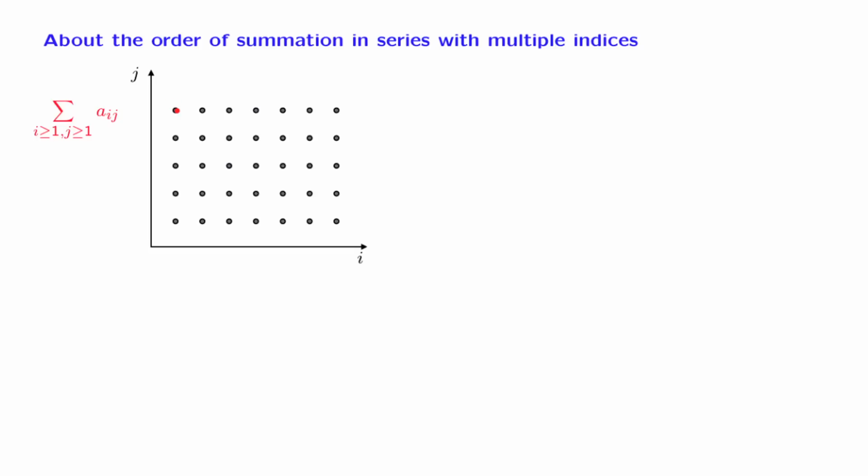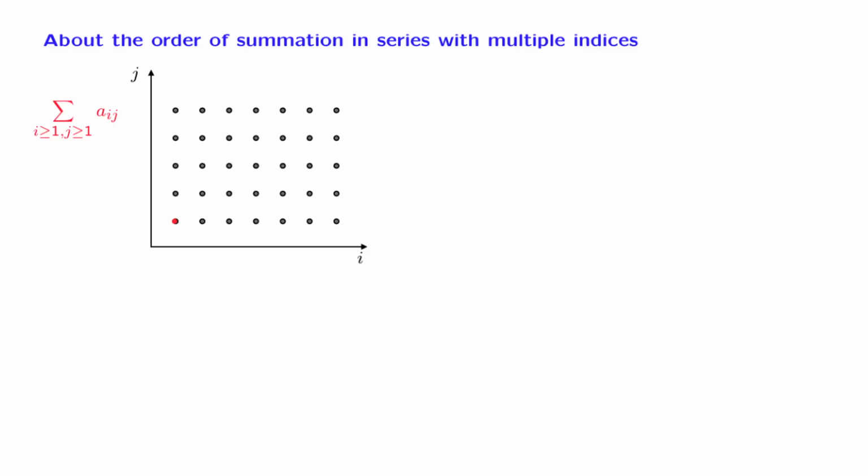So what does this sum represent? We can think of it as follows. We have here a two-dimensional grid that corresponds to all the pairs ij, and in essence, each one of those points corresponds to one of the terms that we want to add. So we can sum the different terms in some arbitrary order.